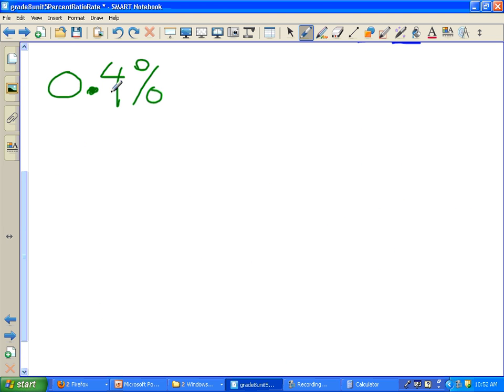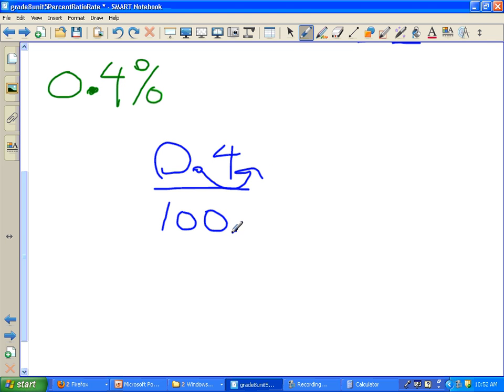Changing 0.4%. So let's put 0.4 out of 100, because that's what percent means, out of 100. We want to move that decimal over one place to get rid of it, and we end up with 4 out of 1,000.